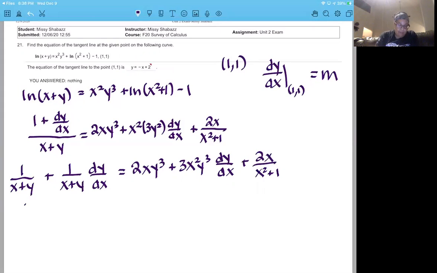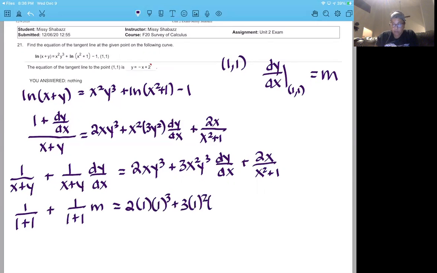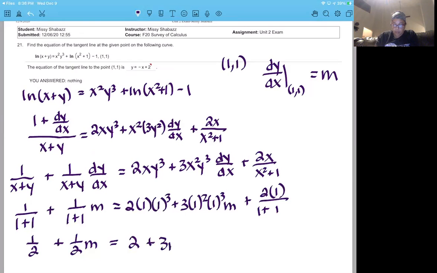All right, so I have 1 over 1 plus 1, plus 1 over 1 plus 1 times m, equals 2 times 1 cubed plus 3 times 1 squared times 1 squared times m, plus 2 over 1 squared plus 1. Okay, so I have 1/2 plus 1/2 m equals 2 plus 3m plus 2 over 2, which is 1.